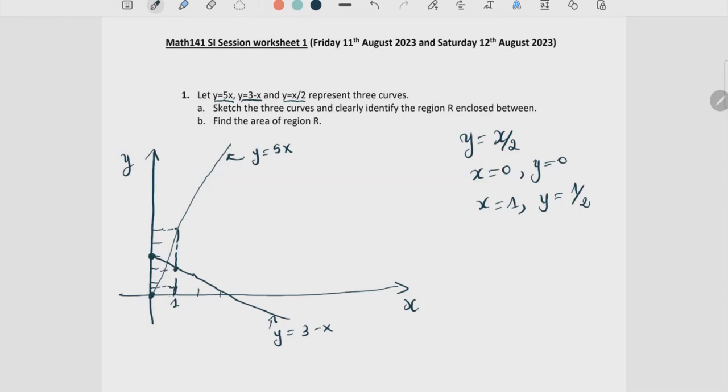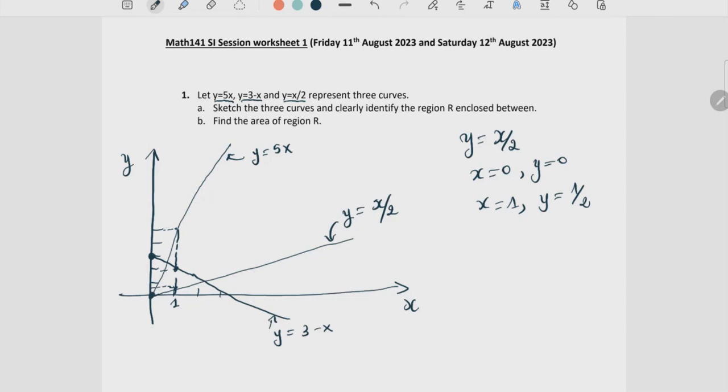So our third curve would look something like that. Right, so this is y is equal to x over 2.